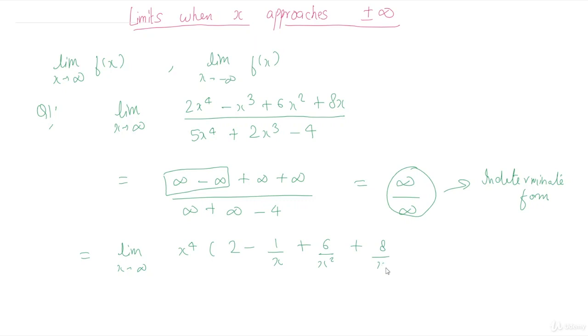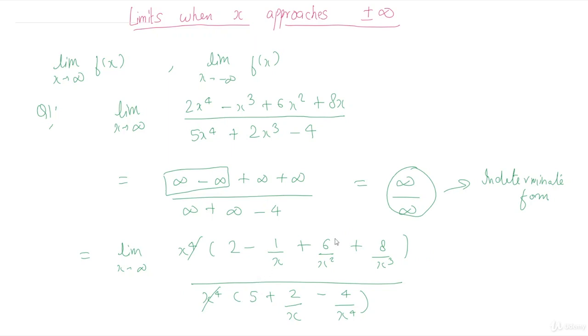Similarly, the denominator will be x to the power 4 times 5 plus 2 by x minus 4 by x to the power 4. And this x to the power 4 can be cancelled, since x is approaching infinity. It is a large number but not equal to infinity. So we can cancel out x to the power 4 from both the numerator and the denominator.